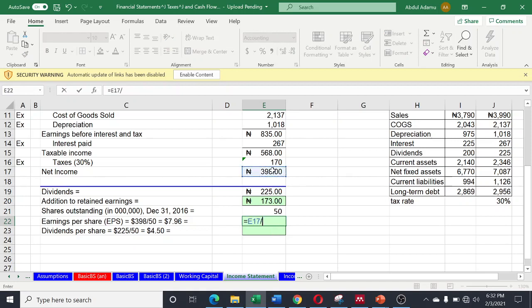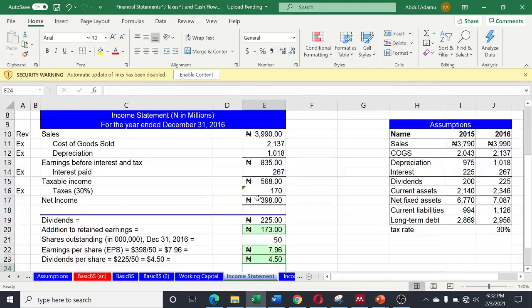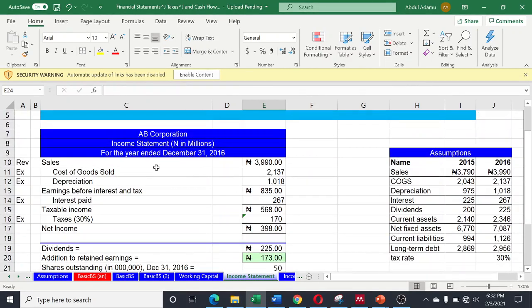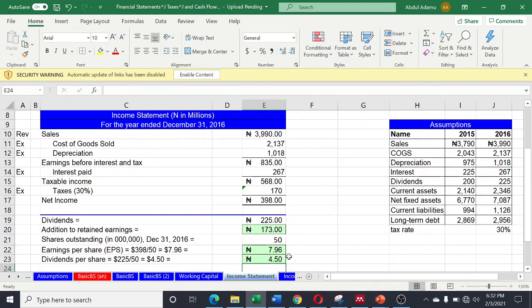If we divide it by the number of shares, which is 50, you can see it's 7 naira 96 kobo. Then the dividend per share is the dividend amount divided by the number of shares outstanding, which is also 50. So this is the dividend per share. So this is how we construct our income statement for AB Corporation.